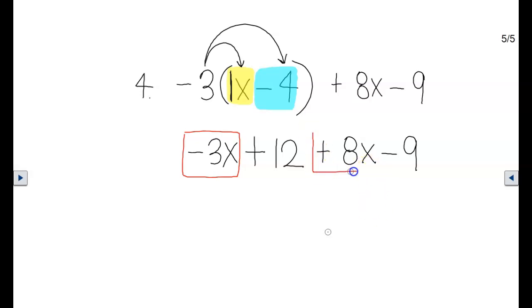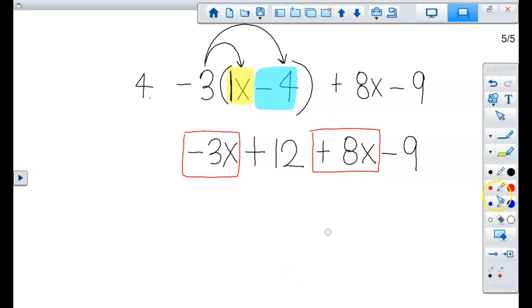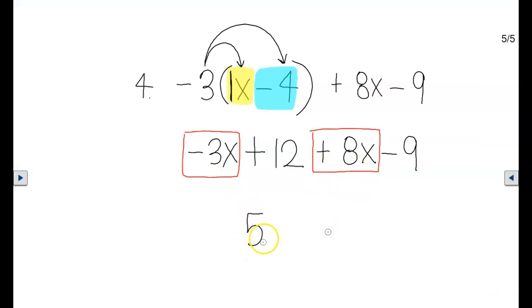I'm going to let that plus stay with him, and I'm going to put a box around plus 8x. These 2 that I have just put red boxes around are like terms because they have exactly the same variable part. So I'm going to do what this says and combine them. I'm going to do a negative 3 plus 8, which is 5. And the variable part stays the same, so it's going to be 5x.